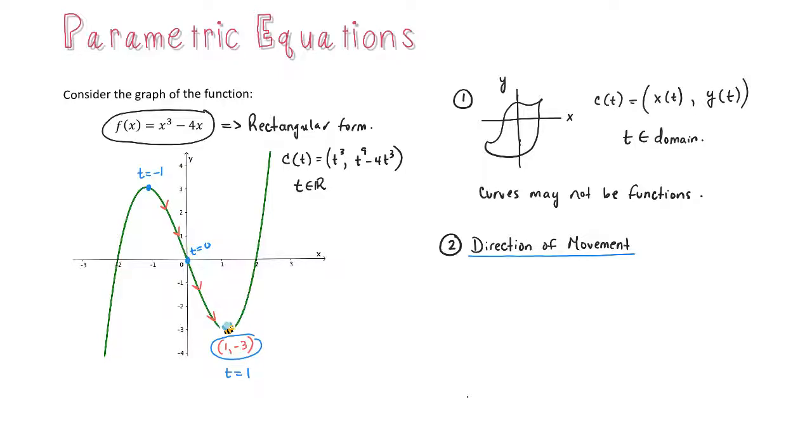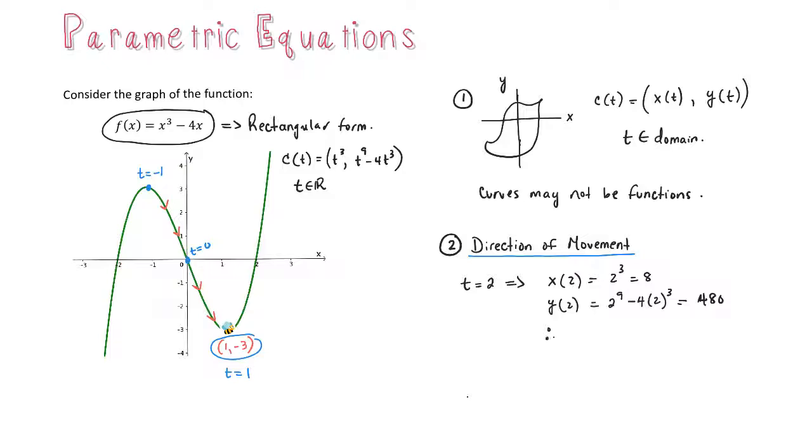If I were to continue plugging values for t, let's say that I try t equals 2, I will find that x of 2 is equal to 2 to the third, so that's going to be 8, and y of 2 is going to be 2 to the ninth minus 4 times 2 to the third, which is going to give me 480.